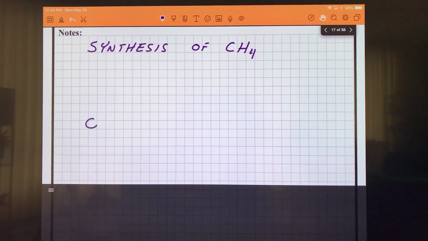So I'll put that over here. And our second element, synthesis, remember, is hydrogen. Okay, there's our two reactants, arrow. And we want our product. Our product is CH4, and we already know it's CH4 because I'm telling you that's the balanced product, although you would already know that since carbon has a charge of 4 and hydrogen is 1.